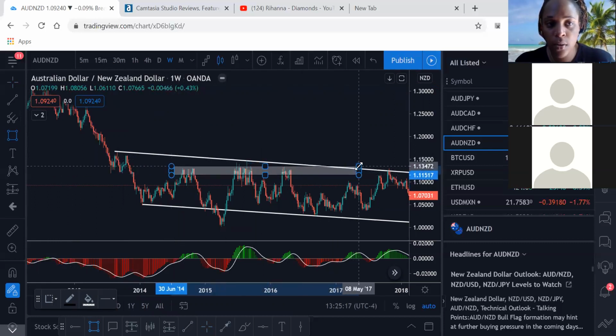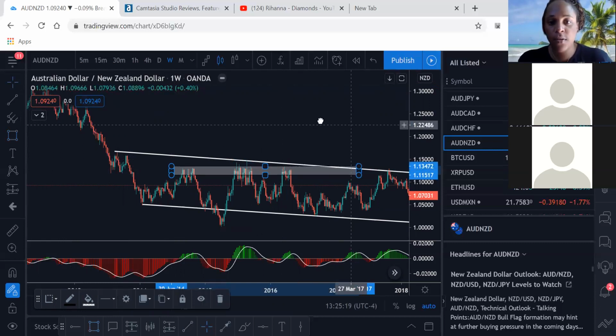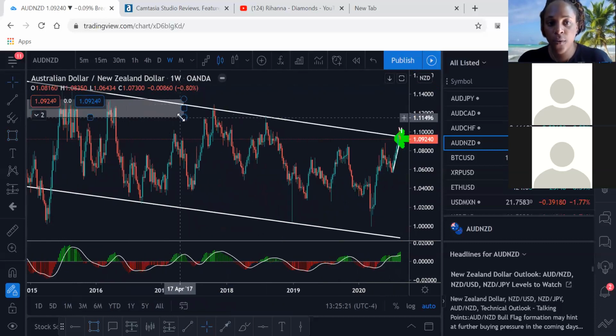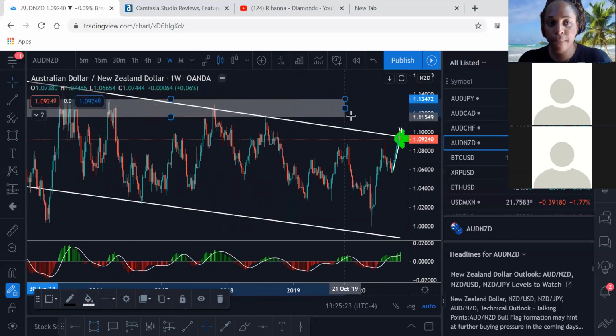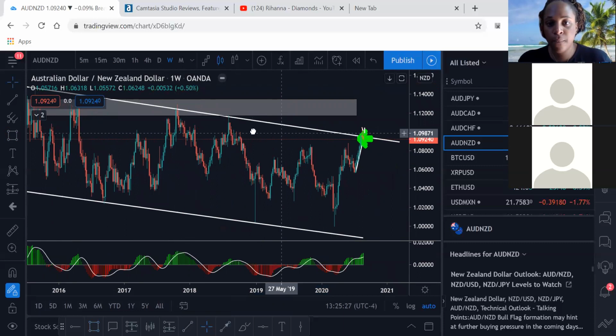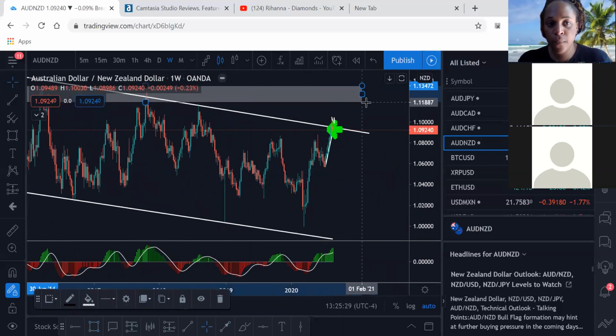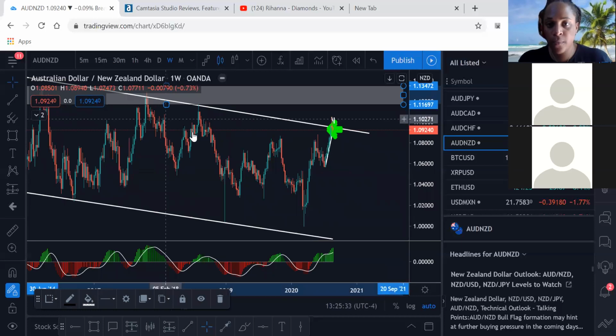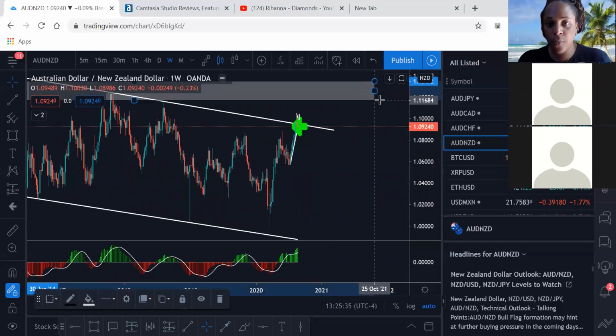On the weekly time frame, this is a major zone here. That's a major zone there. So what's the possibility?